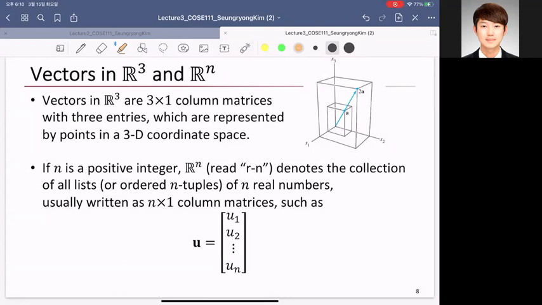Nope. Okay. So today we started with the vector, right? From now on, we will formulate our linear system solving technique in matrices and vectors.